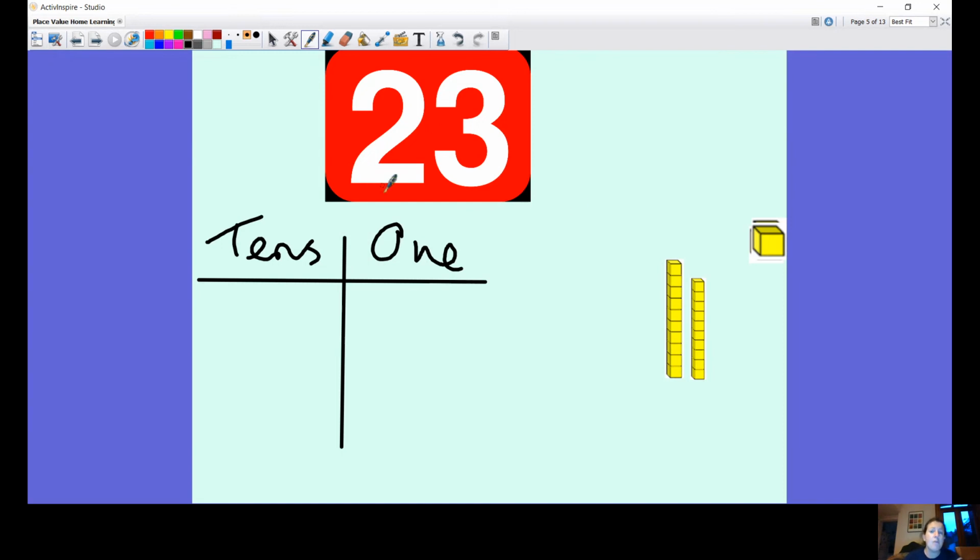So what we're asking when we look at 23 in terms of place value is, what is the value of the number in the tens column and what is the value of the number in the ones column? So how many tens are there in 23? There are 2 tens. Excellent. How many ones are there in 23? 3 ones. Good.